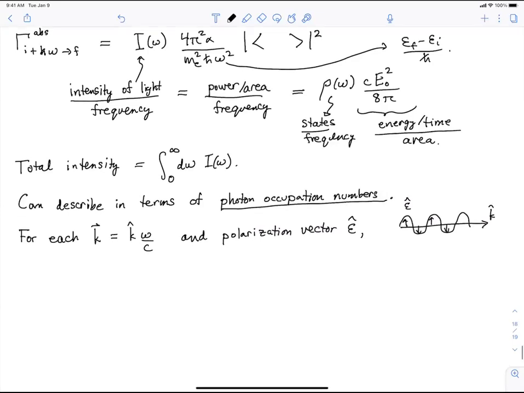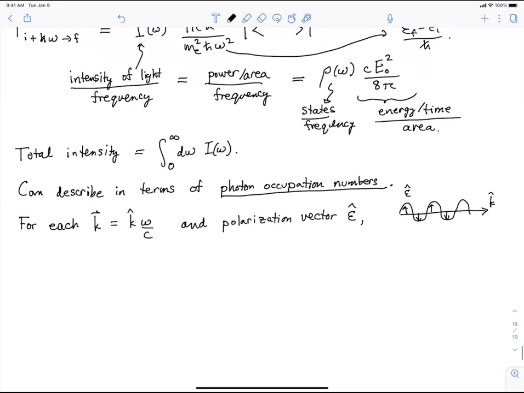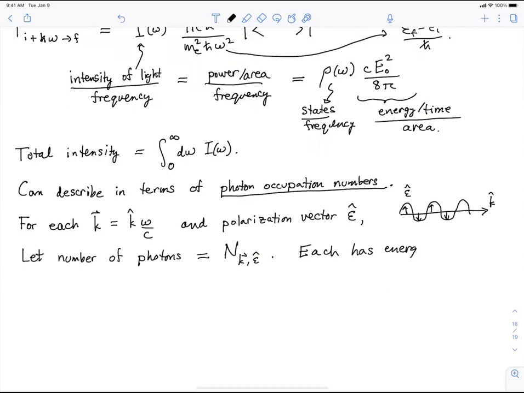But I can have as many photons as I want in that mode. And so let's call the number of photons capital E, and I have labels for it to tell me what my direction of propagation and my polarization are. Okay, and each photon has a known amount of energy, namely h bar omega.